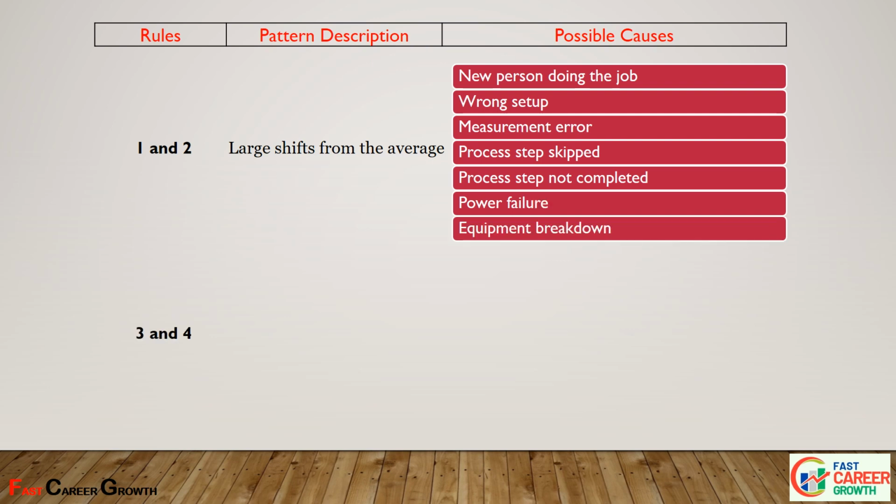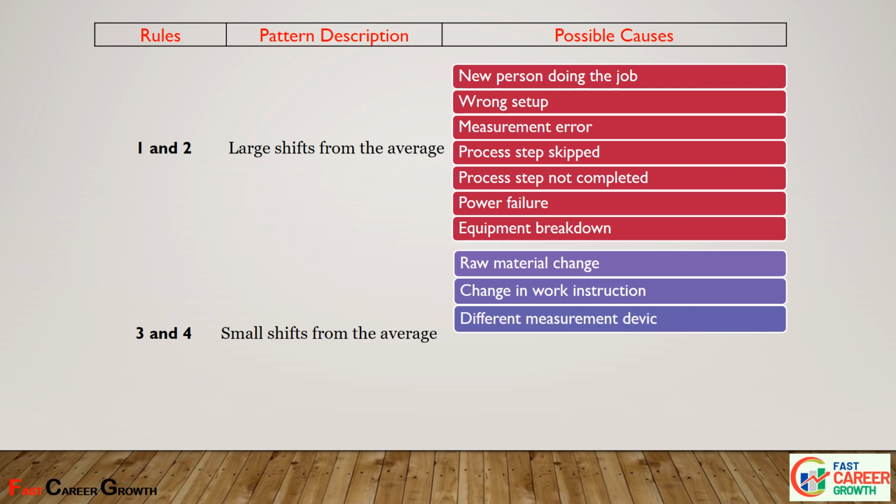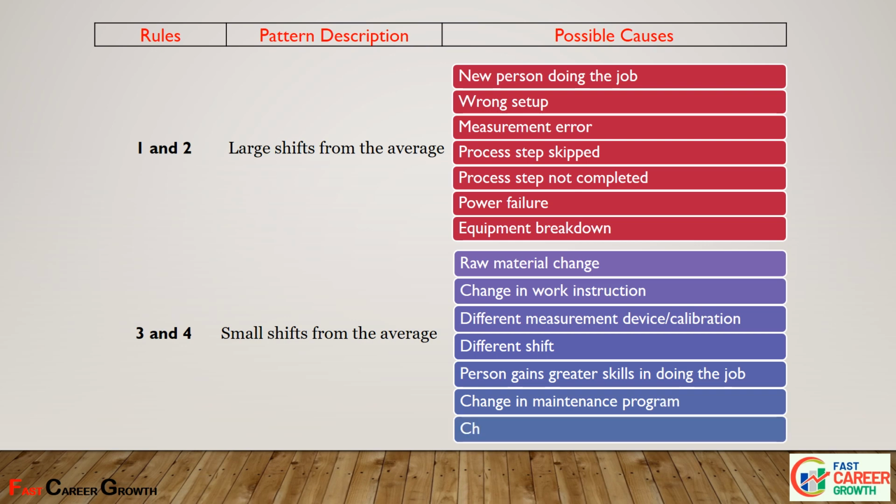Rule 3 and 4 focuses on small shifts from the average, and the possible causes are: raw material change, change in work instruction, different measurement device or calibration, different shift, person gains greater skills in doing the job, change in maintenance program, change in setup procedure.